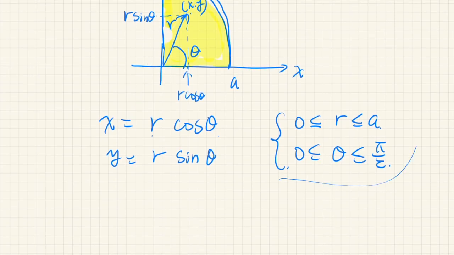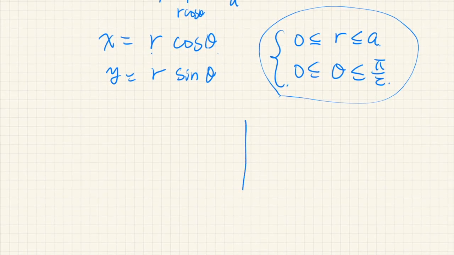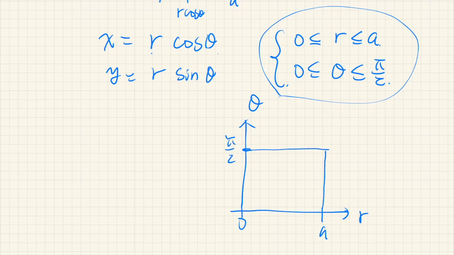So this is a very simple region. If we draw the picture of this region in the r theta plane, then r is between 0 and a, and theta is between 0 and pi over 2. So it's just this rectangle. Okay, so it's easier to integrate.